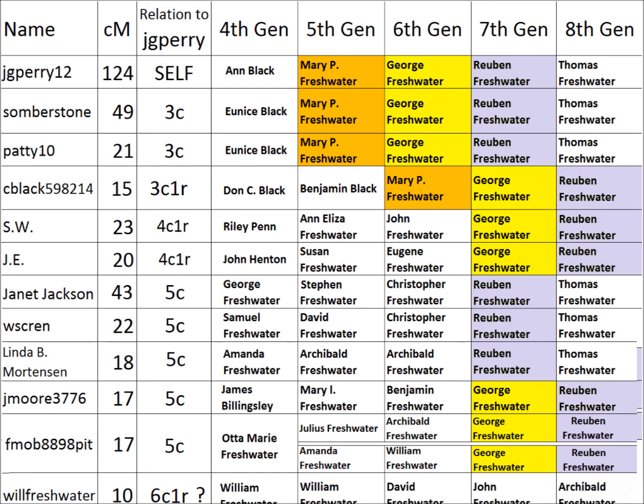I think I can safely say I'm a descendant of Thomas Freshwater. His son, Reuben, I give an 85% chance of descendancy. To George, 60% chance. And to Mary, 25%. I base all of this on the shared centimorgans and the family trees that I was able to uncover.